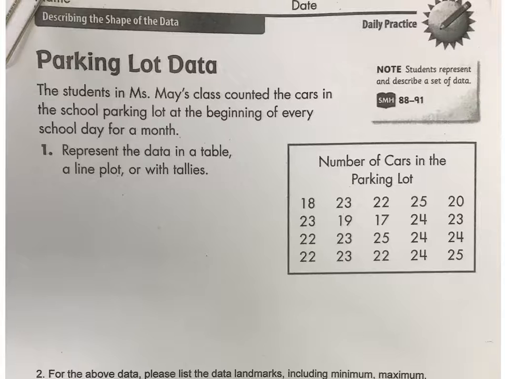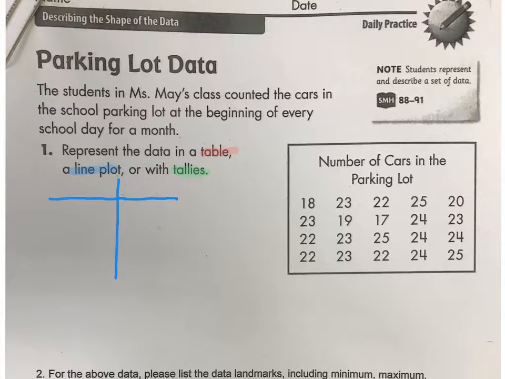You can do a table, or a line plot, or tallies. Or you could do more than one if you really want to. So if you're doing a table or tallies, you probably want to do a little T-chart style.